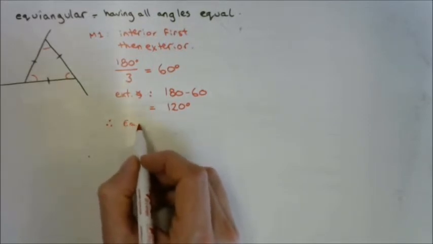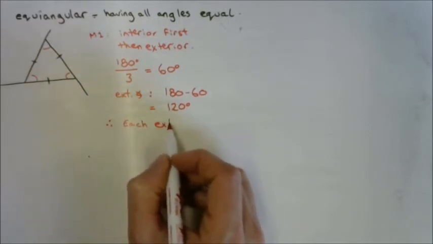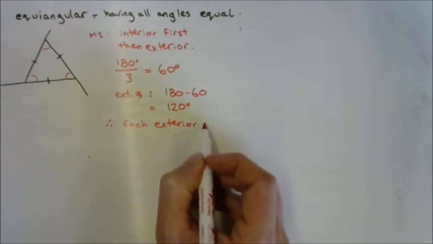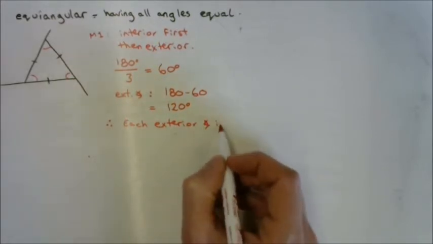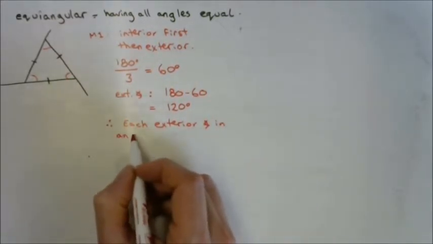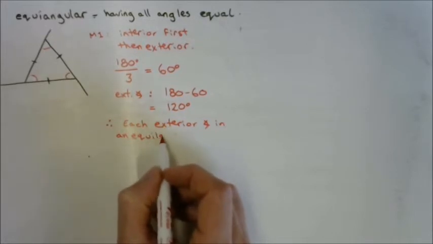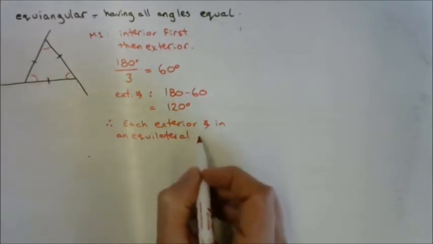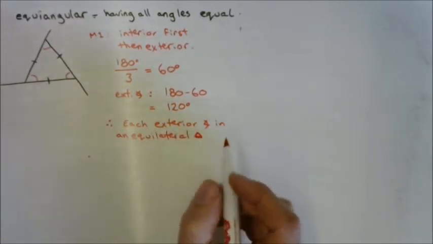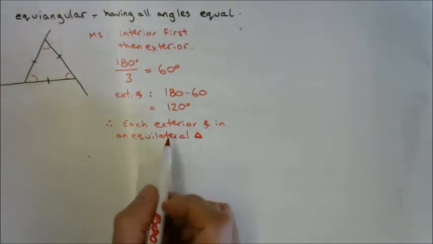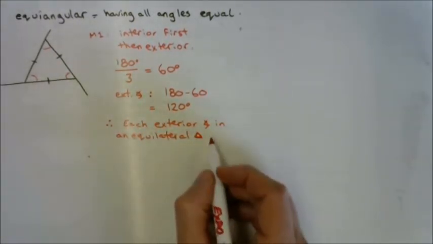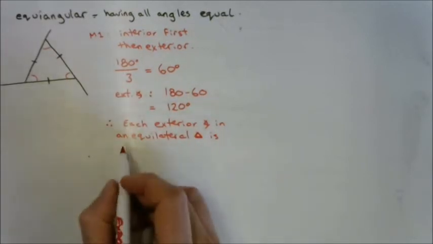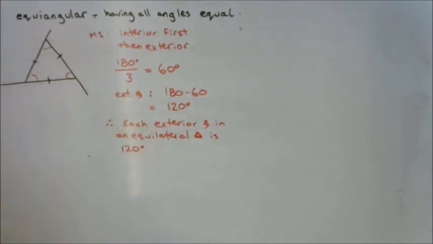Therefore, each exterior angle in an equilateral triangle, I use symbols whenever I can, each exterior angle in an equilateral triangle is 120 degrees. Alright, that was method 1.